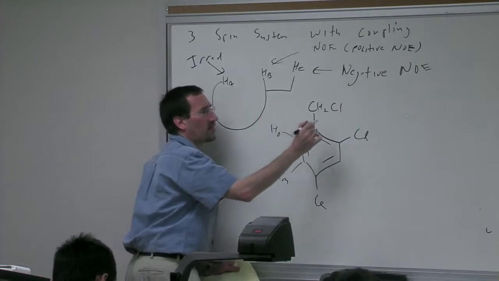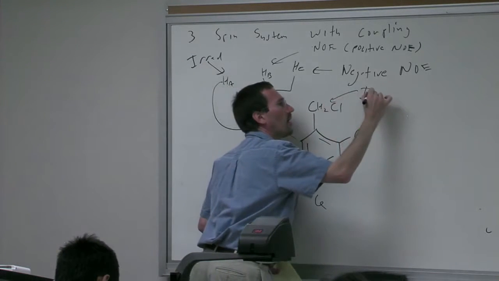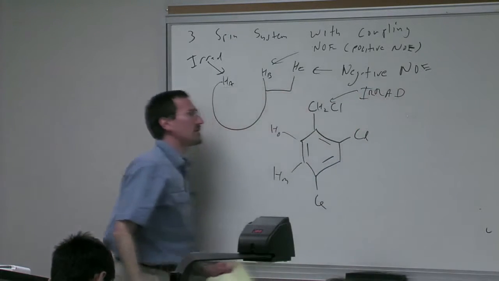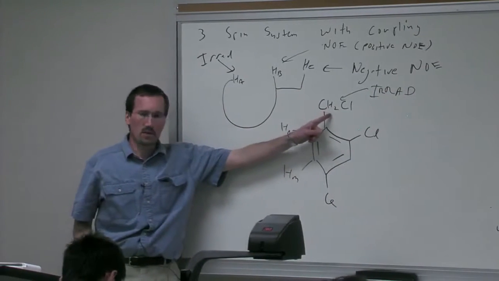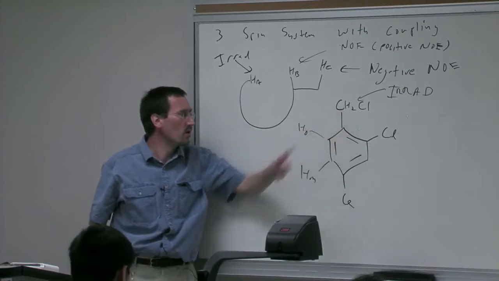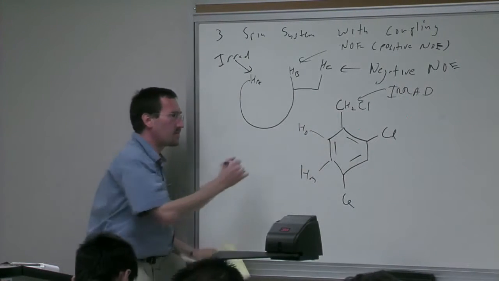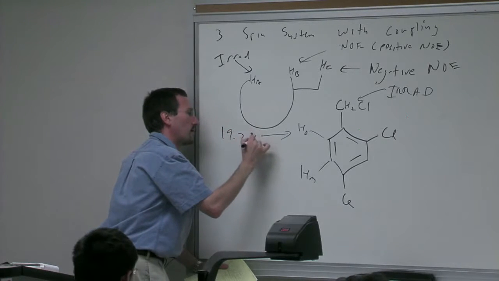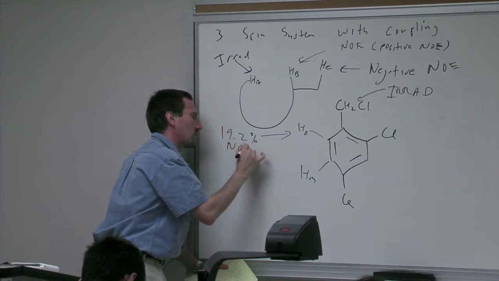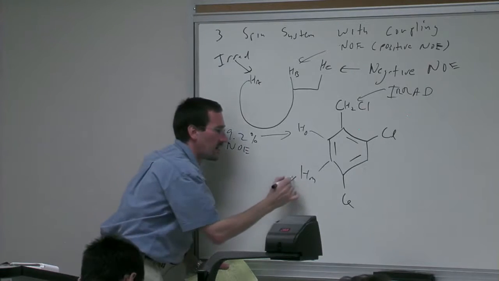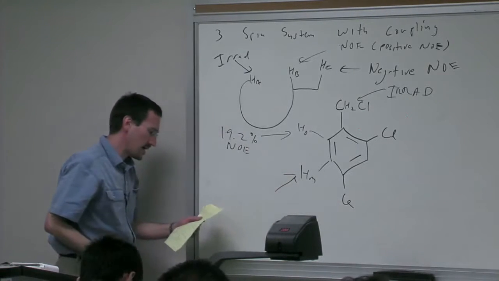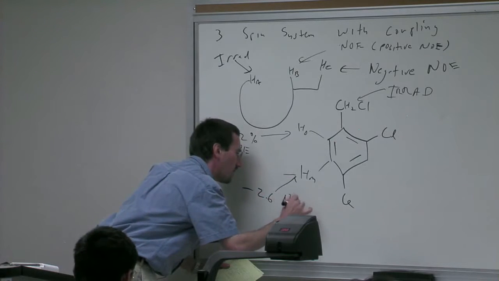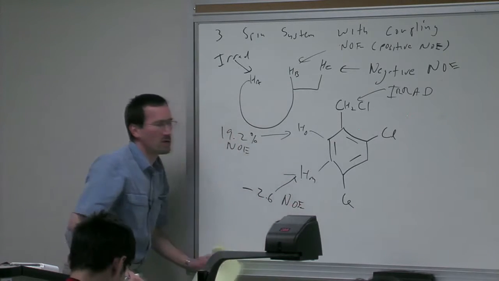In this particular experiment, they irradiated the chloromethyl group over here and observed a 19.2% NOE over here to the ortho proton and a negative 2.6% NOE over here to the meta proton.